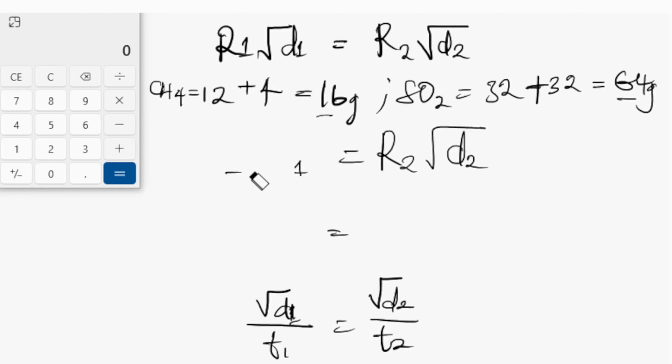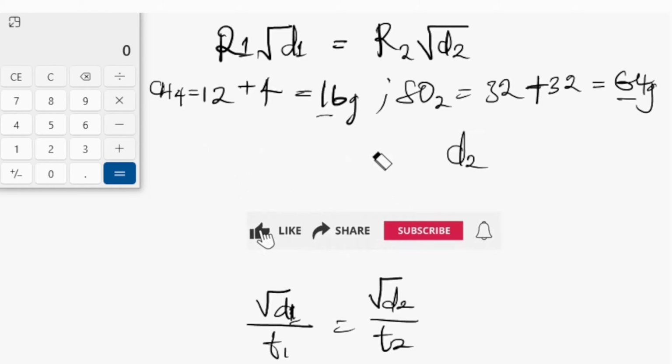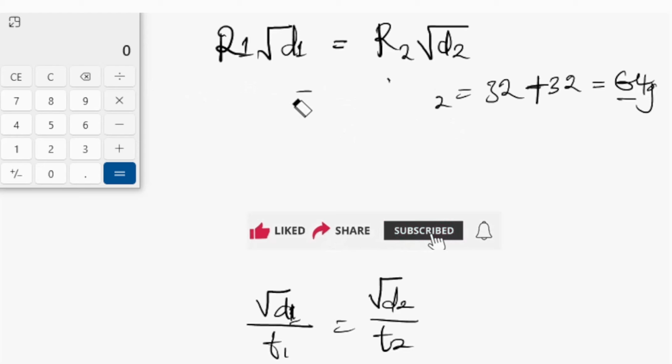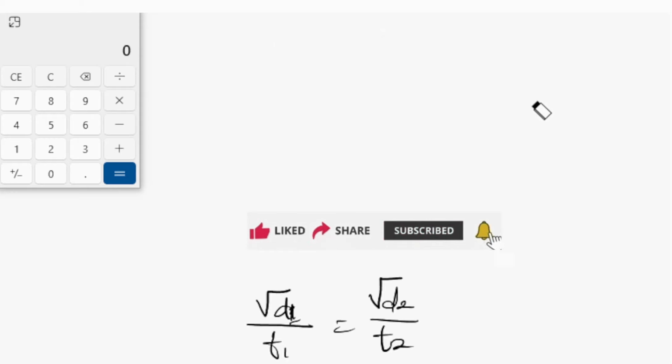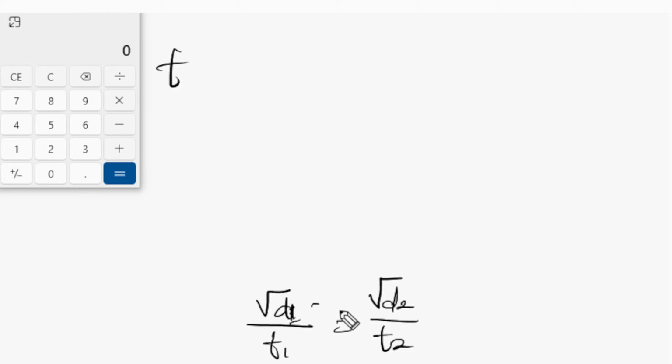So now we are at this point. We are going to go ahead and substitute for D1, T1, and D2 so we can get our T2. So remember, we are looking for T2, which is the time for the sulfur. So here we can cross multiply.